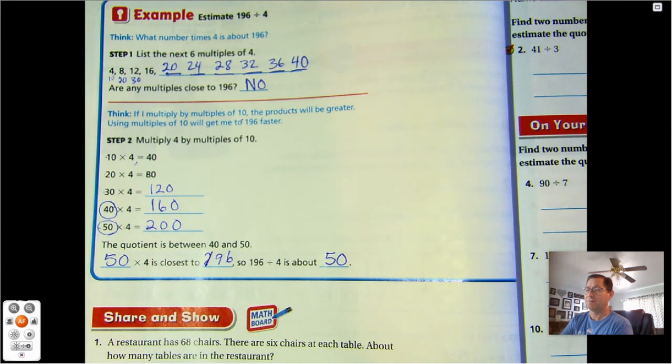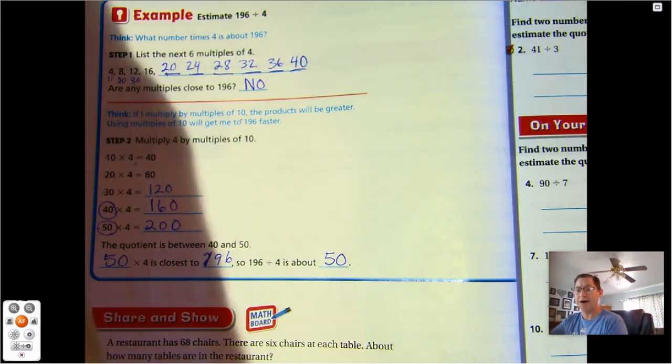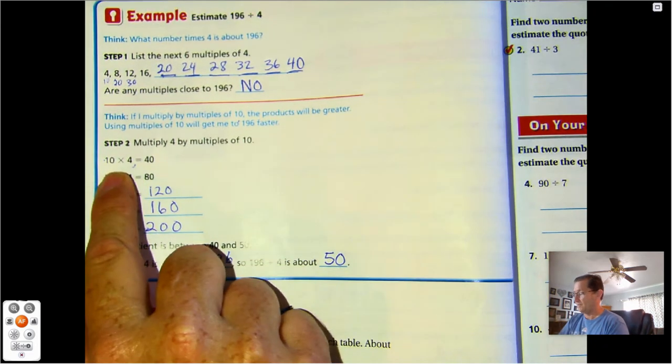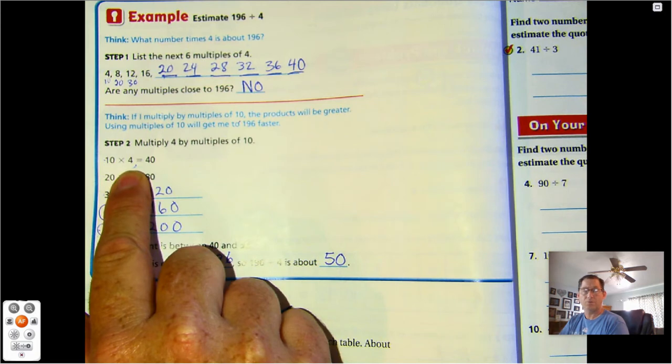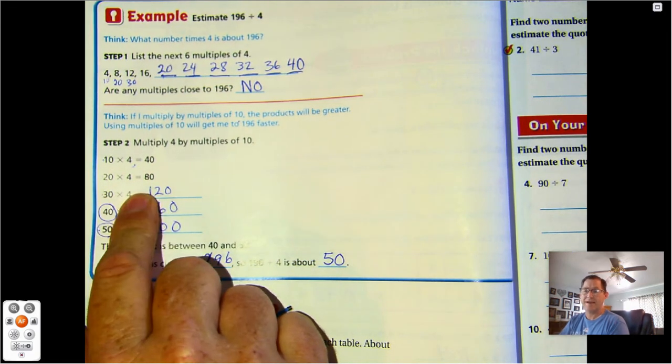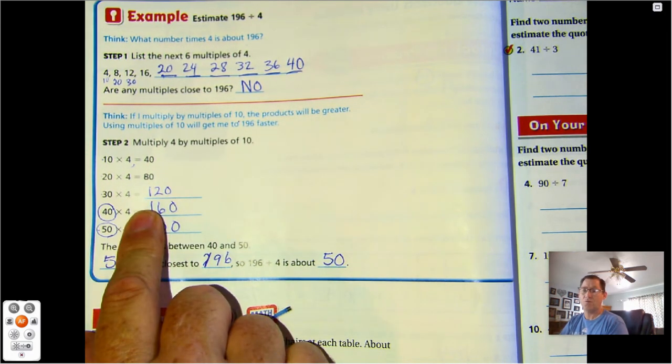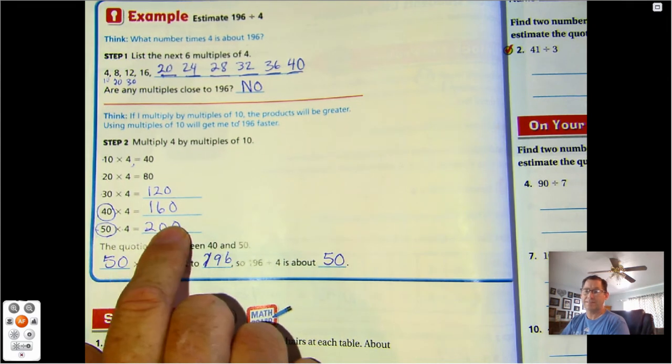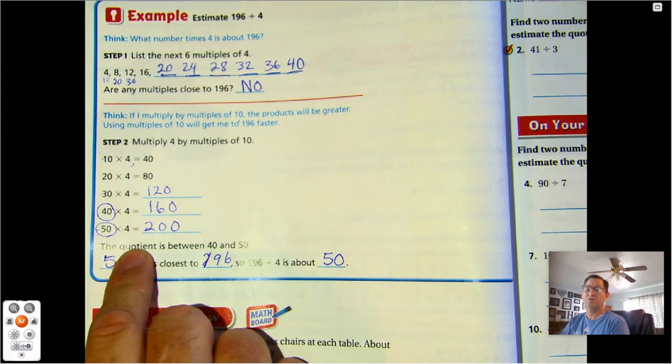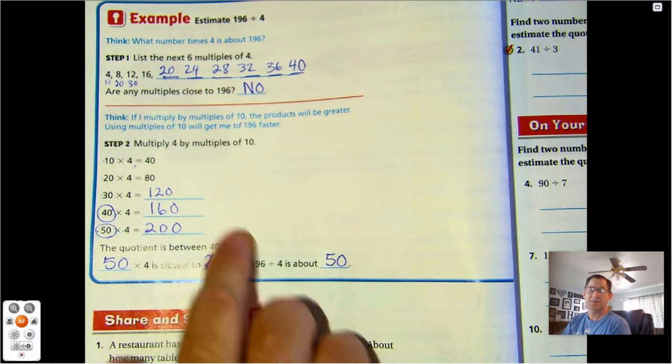Counting numbers of 10 by the divisor. So 10 sets of 4 was 40. 20 sets of 4, 80. 30 sets of 4, 120. 40 sets of 4, 160. 50 sets of 4, 200.